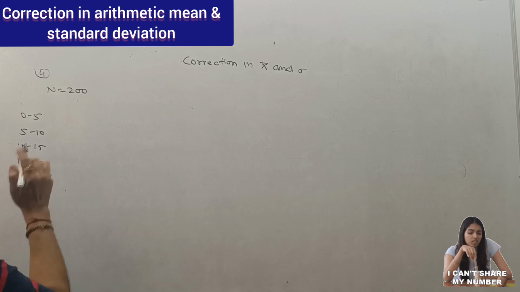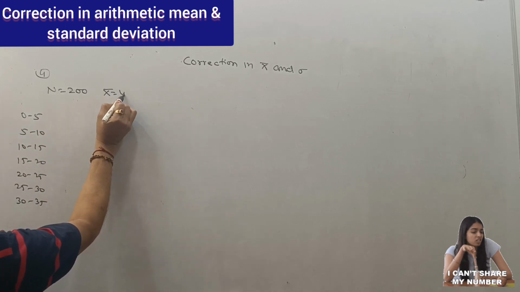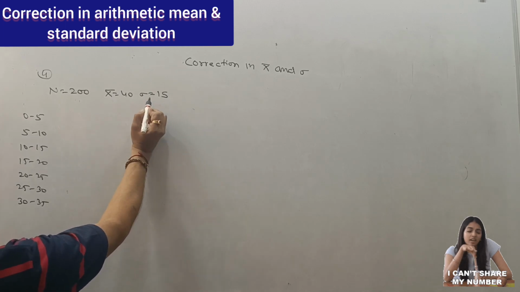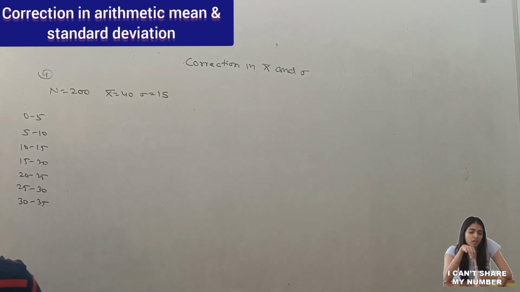The arithmetic mean is calculated as 40 and the standard deviation as 50. Then later it was discovered that one item was misread, 53 instead of 43.